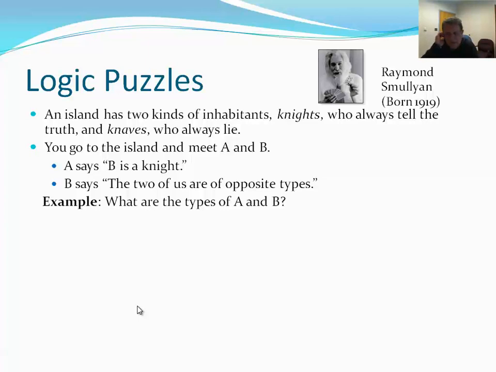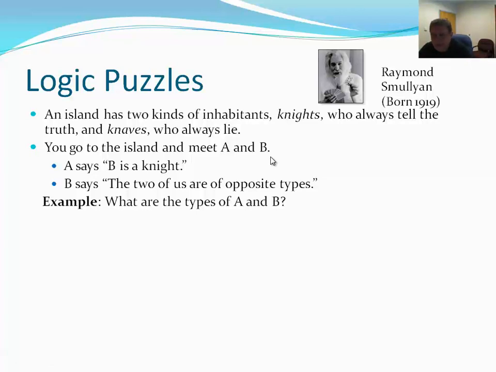Here is an example. An island has two kinds of inhabitants: knights, who always tell the truth, and knaves, who always lie. You go to the island and meet two inhabitants, A and B. A says B is a knight.